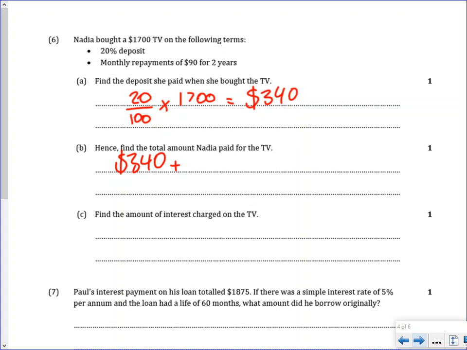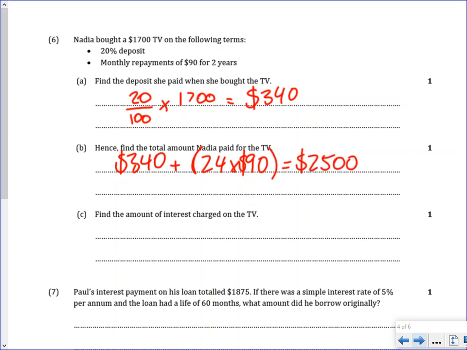So 2 years, that's 24 months. So that's 24 monthly repayments. We're going to do 24 times $90. Right, because we've made those monthly repayments. So when we do that, that's 340 plus 24 times 90, which equals $2,500.